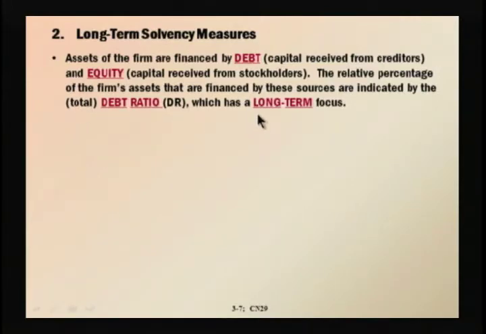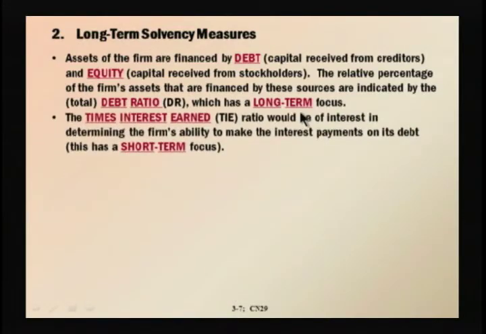I like to think about the debt ratio as having a more long-term focus because we're talking about collateral value. We're talking about how much of the firm's assets are financed by creditors. And that implies that one might have to foreclose or seize the assets of the firm, sell them off to satisfy the debts if the firm gets into financial difficulty.